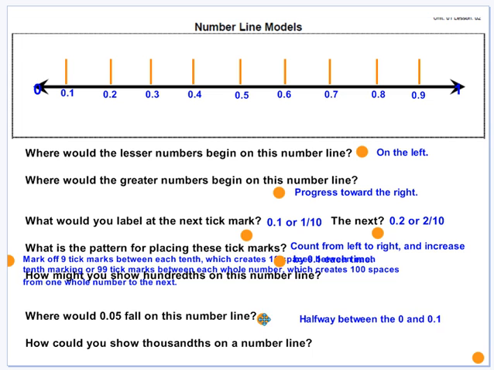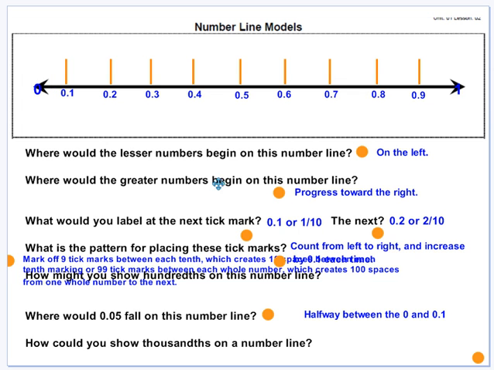So the answer is that 5 hundredths would fall halfway between 0 and 1/10. We have 100 lines in between here. I'm sorry, we have 99 lines between 0 and 1/10, which means the 5 hundredths would land halfway between 0 and 1/10.